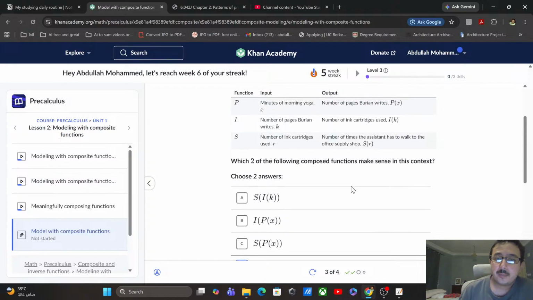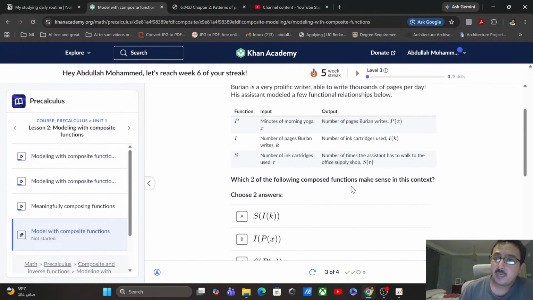So it's not going to be S P X. I P X, okay, P X gives number of pages.